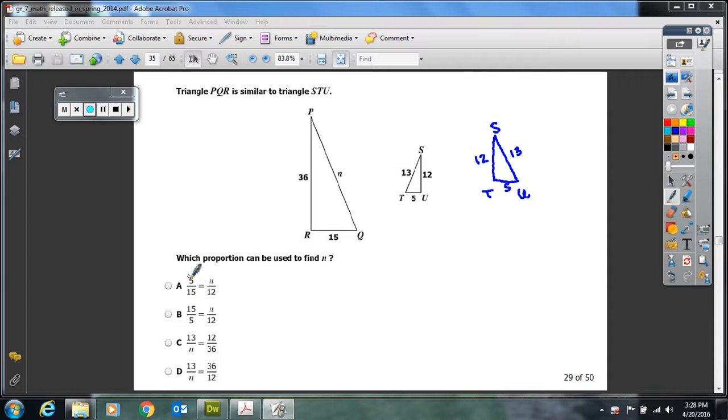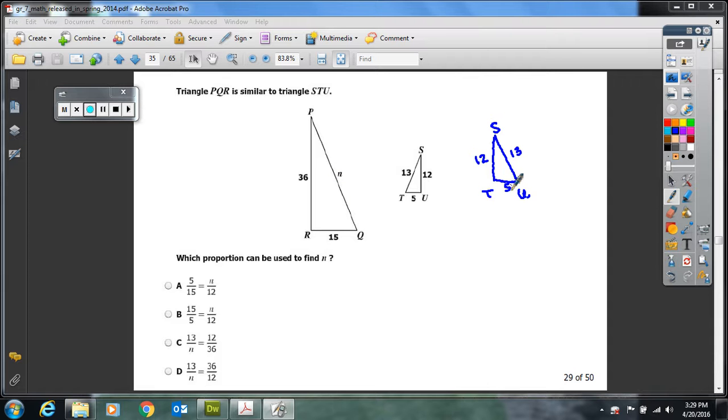They said 5 over 15, so the smallest side is to the smallest side, as n is to 12. Well, if they said 5 is to 15 as 13 is to n, that would have worked.